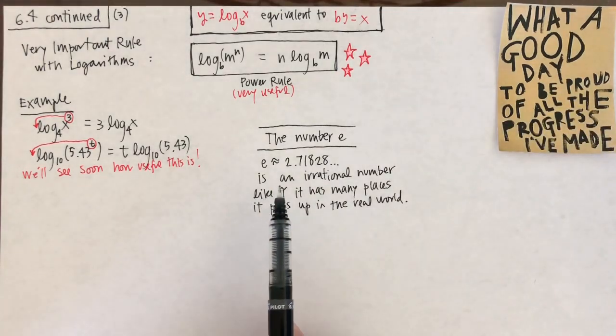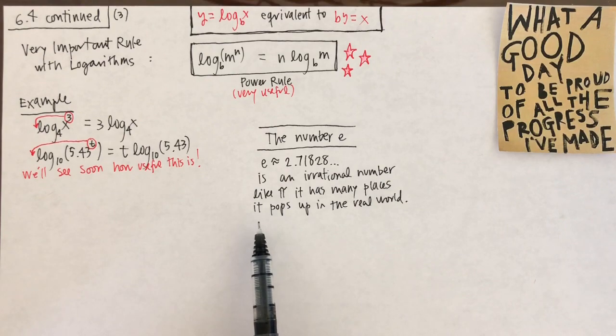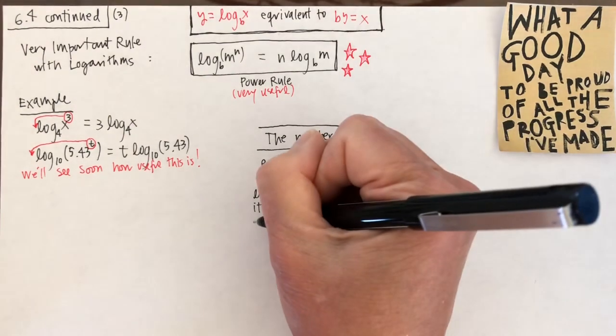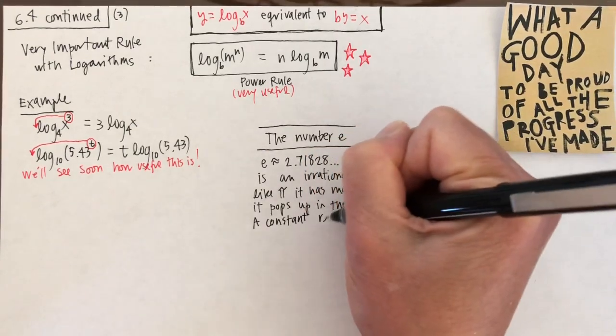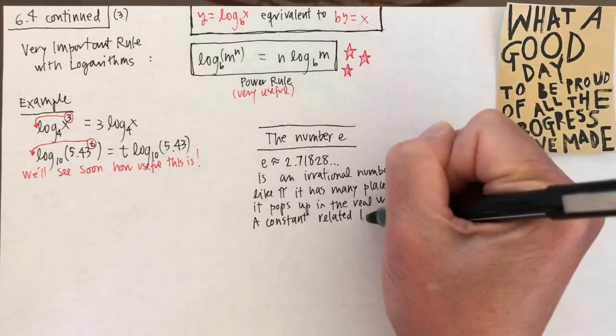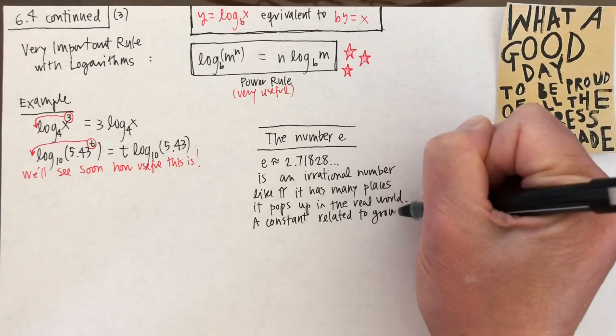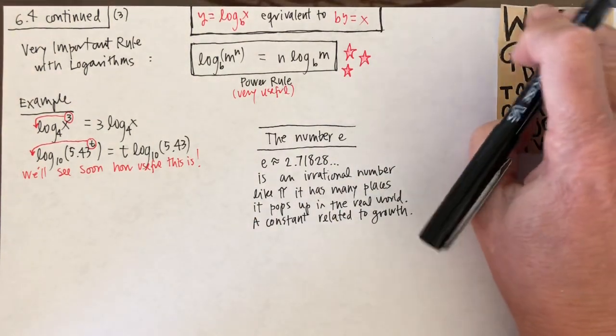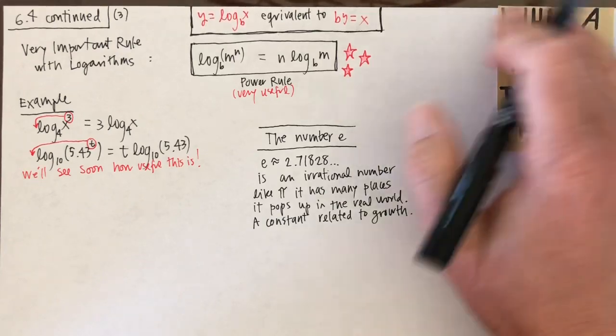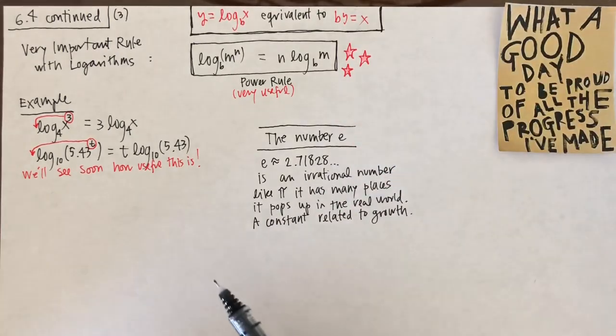It's also called a transcendental number, and it's a constant related to growth. So it is an important number to talk about when we're talking about exponentials or logarithms, because exponential functions are a good model for a lot of types of growth.